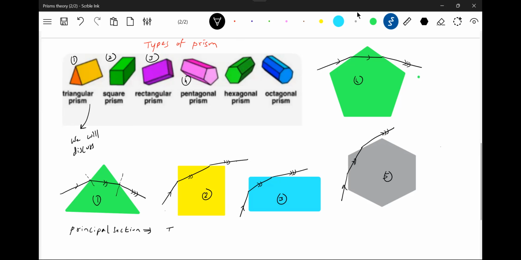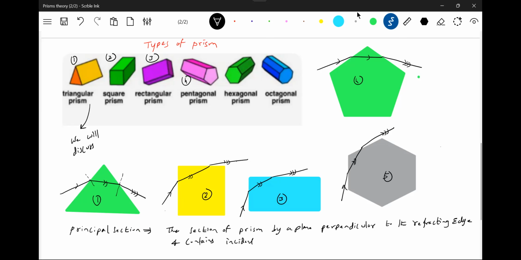The section of a prism by a plane perpendicular to the refracting edge and containing the incident and emergent rays.